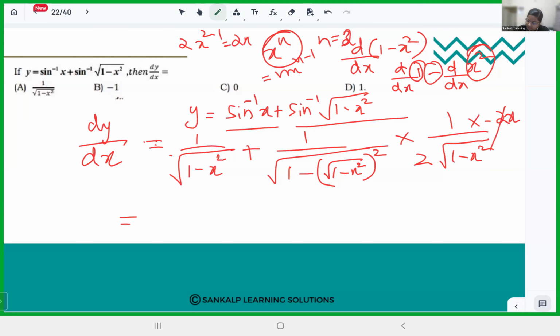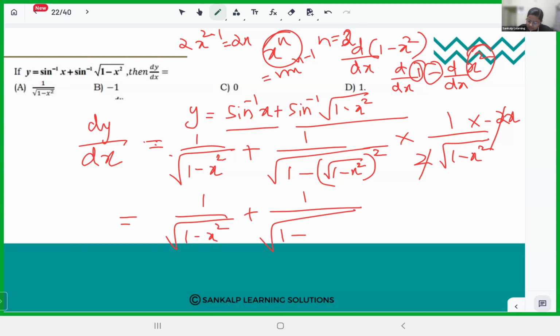Okay, now we have to simplify all these. So this 2 and this 2 get cancelled, right? So this will be 1 by root of 1 minus x square, then plus 1 by root of 1 minus x square, the whole square, means root will go. Root means 1 by 2, and this 2 gets cancelled.